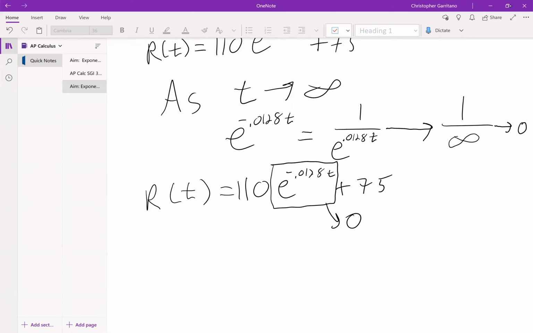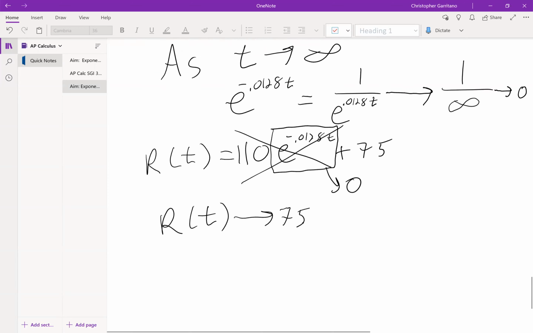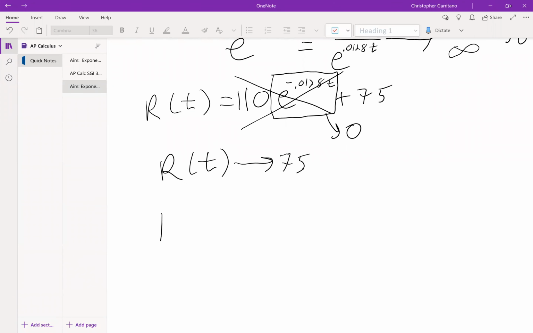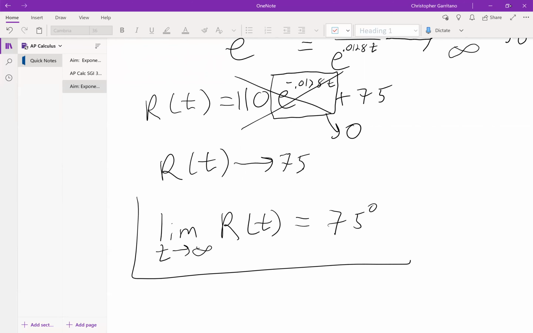And so therefore, this entire term zeroes out. And so we can say that r of t is approaching 75. The calculus way of writing that, of course, is the limit as t approaches infinity of r of t is equal to 75 degrees. Okay, and there you have it.